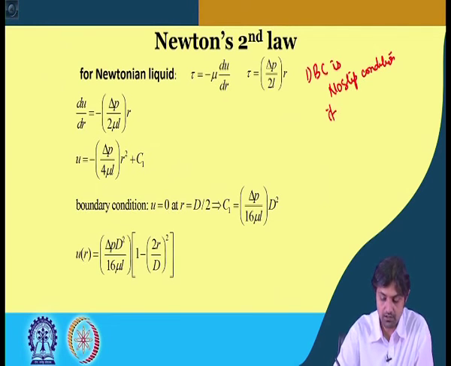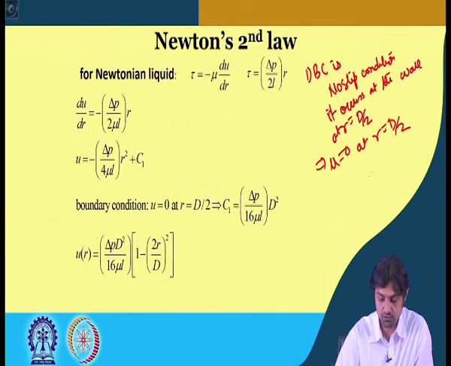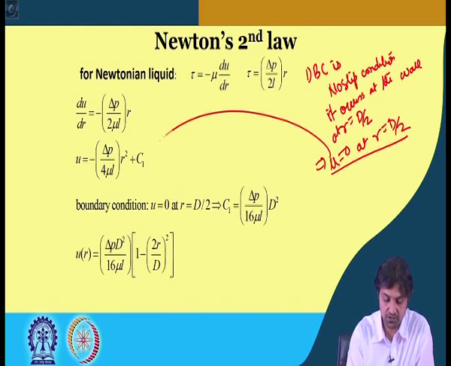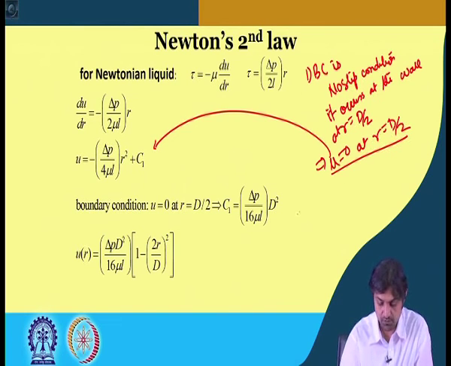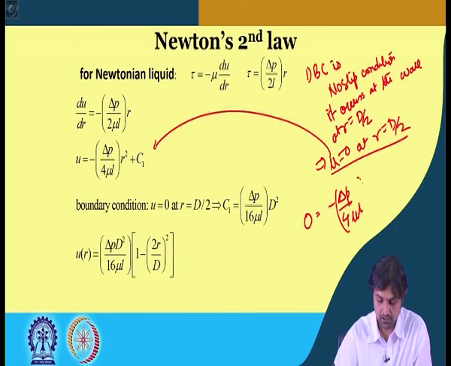It occurs at the wall, at R is equal to d by 2, which means u is equal to 0 at r is equal to d by 2. If we put this in this equation, we say 0 is equal to minus delta p by 4 mu l, d square by 4 plus C1.